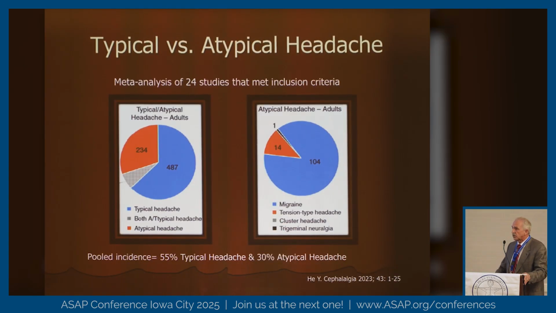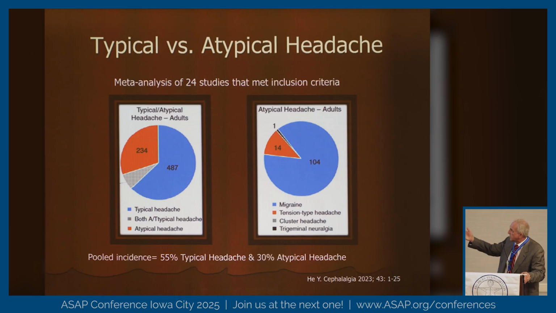If you look at the literature in terms of response to Chiari decompressions, they divide the headaches up into what they call typical headaches, defined much like I just described, the cough headaches, the exertional headaches, the Valsalva-induced headaches, and atypical headaches. You can see that 55% of the time, at least in this series of patients with Chiari, they have typical headaches, but about 30% of the time, they have atypical headaches.